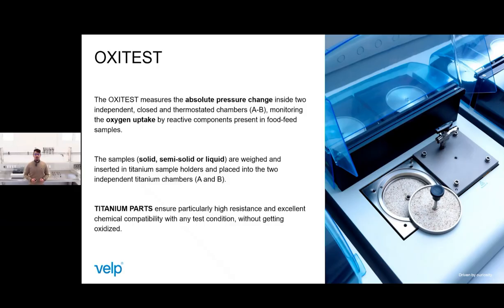But how does it work? The Oxitest measures the pressure change inside two independent, closed, and thermostated chambers that you can also see in the picture labeled A and B. This pressure drop corresponds to the oxygen consumption caused by reactive components present in the sample that are mainly lipids and other oxidizable compounds.